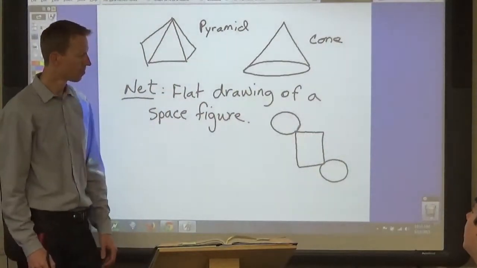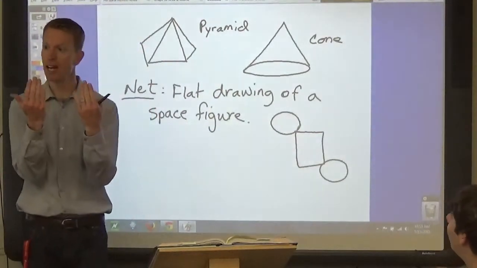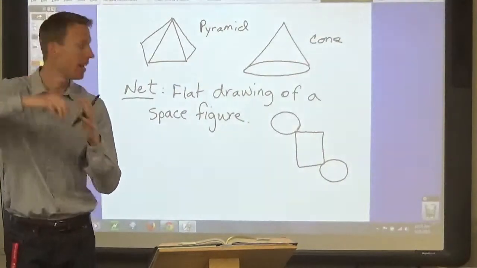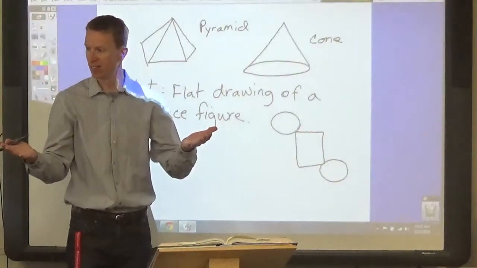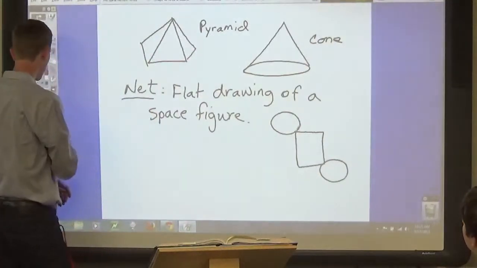The rectangle would be the wrapper, like on a soup can. You would unwrap that, and then take the top and the bottom and lay it out flat. So this is called a net drawing.